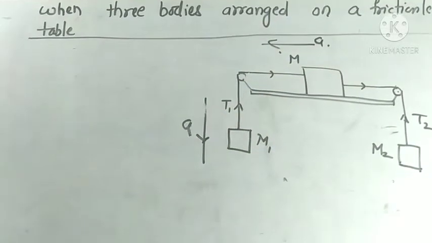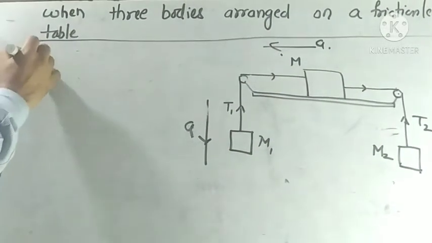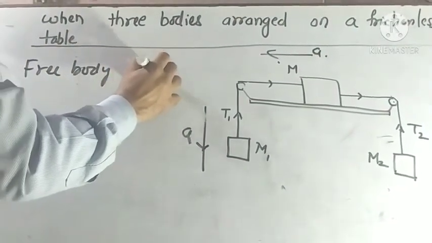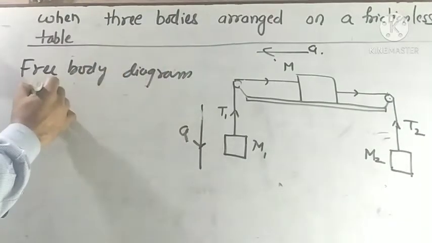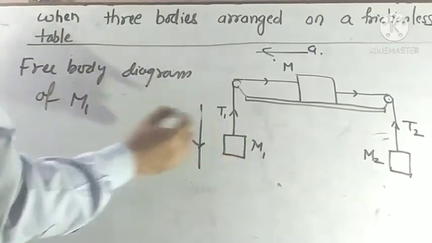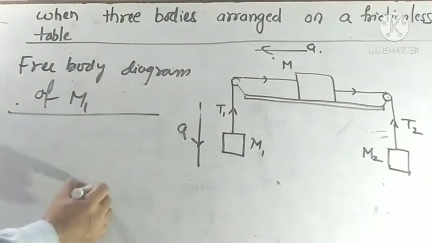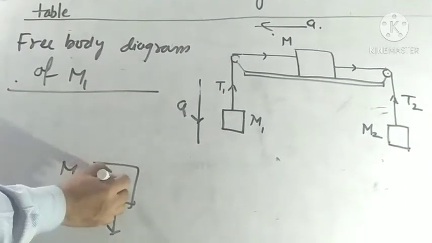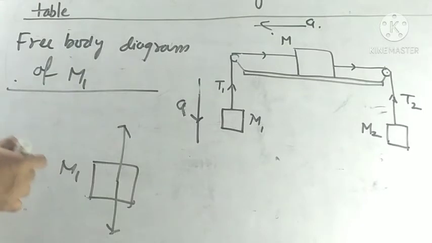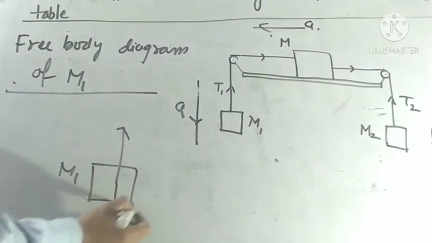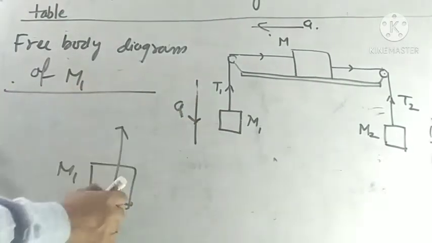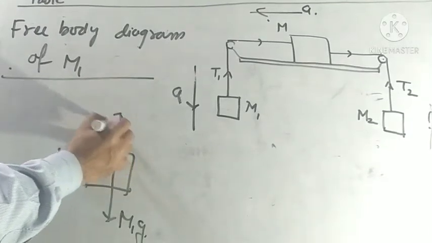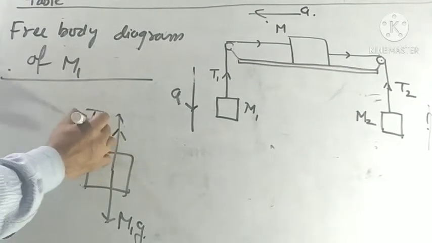Now we discuss the free body diagram of the first body having mass M1. How many forces are working on this body? There are two forces working on this body: the weight of the body, M1G, working vertically downward, and the tension T1 in the string, working vertically upward.